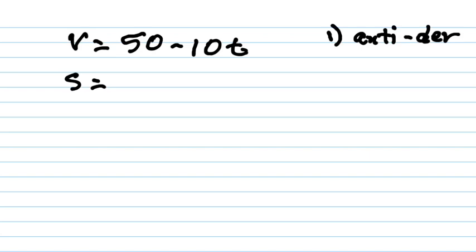And instead of subtract 1 and multiply, we're going to add 1 and then what? Divide. So this one, the 50 doesn't even have a t in it. So what's going to happen is it's going to end up with a t to the first, right? And 1 times 50 gives us 50. That one's pretty easy. This one, the t to the first is going to become t to the second.